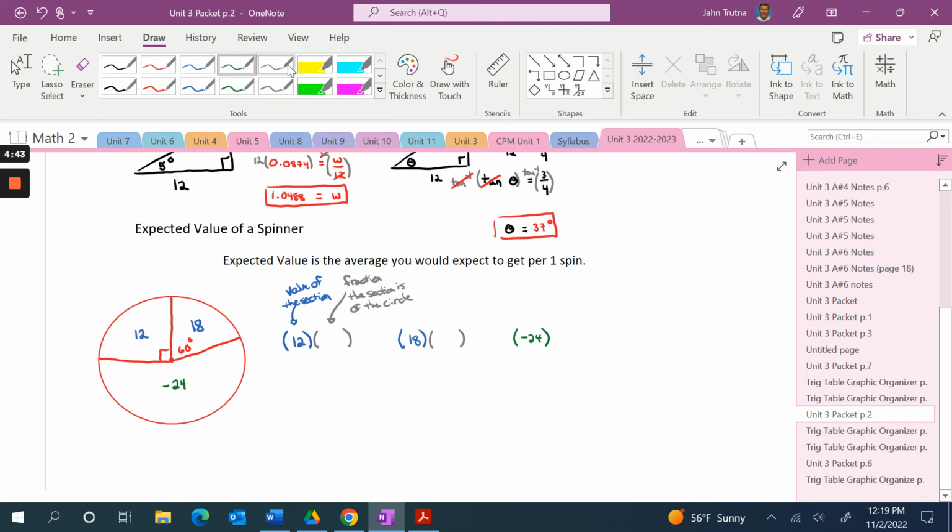After you multiply those together, you add them up. Whatever this problem works out to, that's your expected value.